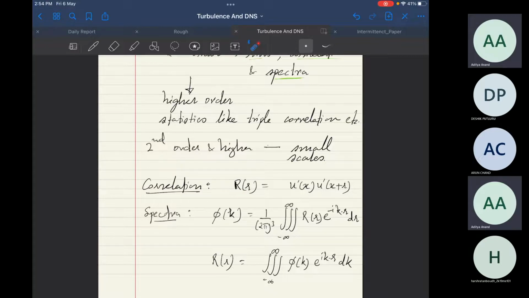If you take a Fourier transform of this correlation function R, what you get is the spectra. So you go from the spatial dimension to the wave number dimension. Phi of k and R of r form a Fourier transform pair. You get phi of k by Fourier transform of the correlation, and if you take the inverse Fourier transform of phi of k, you get R back.